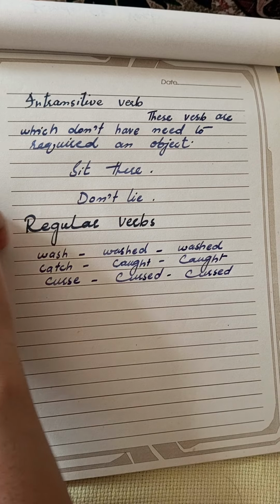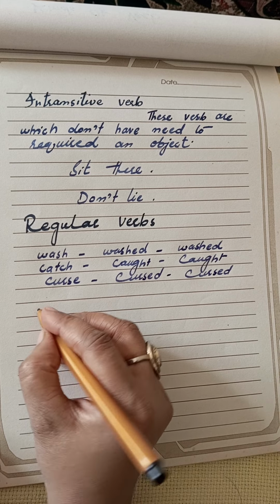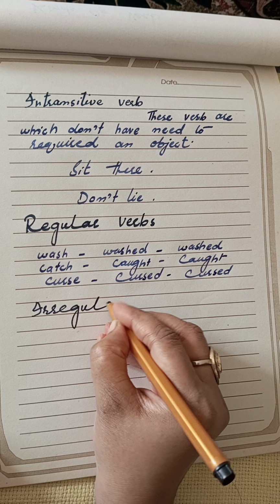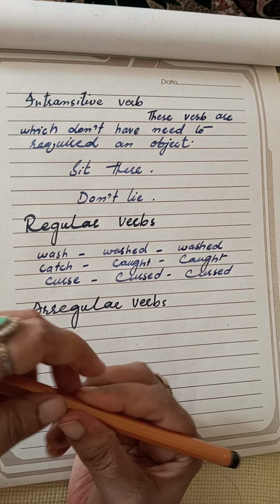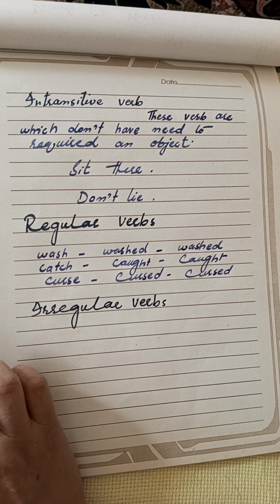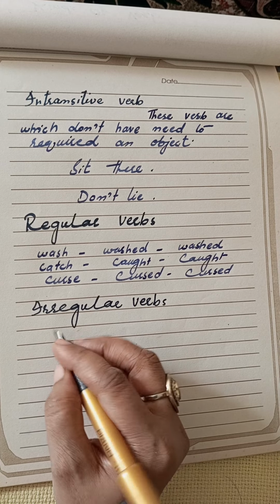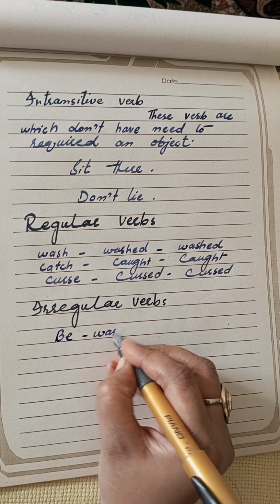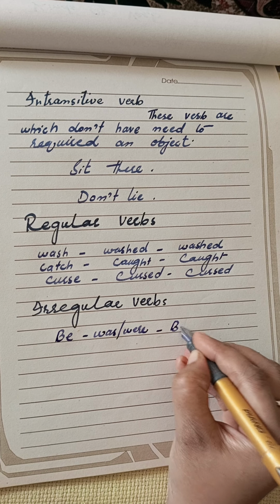Now discuss irregular verbs. Basically, irregular verbs have past and past participle forms, but in a different way. Okay, so here I am giving some examples. For example, be, was, were, and been.